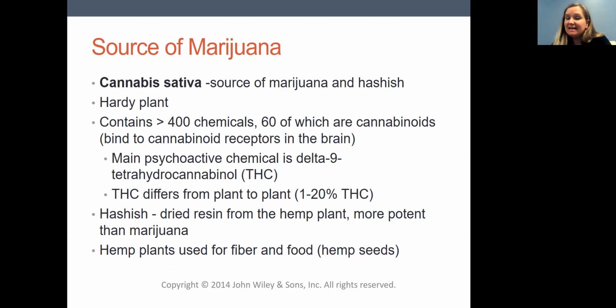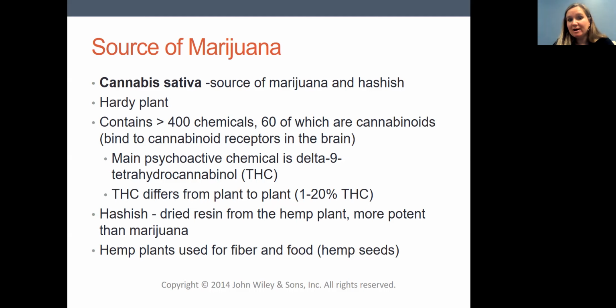The plant is like the tobacco plant, in that there are lots of different chemicals in the plant. In this plant, there are about 60 chemicals that are cannabinoids that bind to the cannabinoid receptors in the brain.